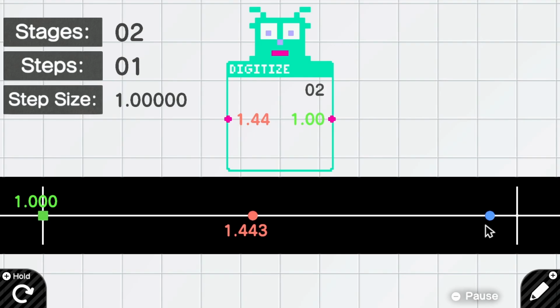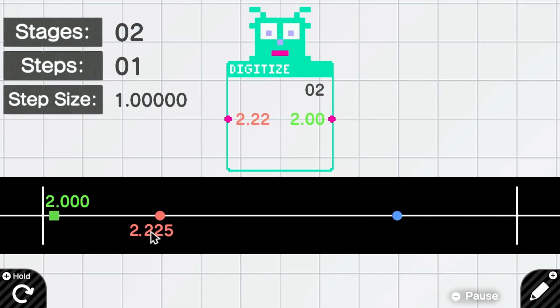And when our input hits exactly 2, only then will our input to the digitize hit 1.5 again, and only then it's going to hit 2. And it's the same thing all the way, regardless of what value we put here. That's basically how we do basic rounding down for the digitize.